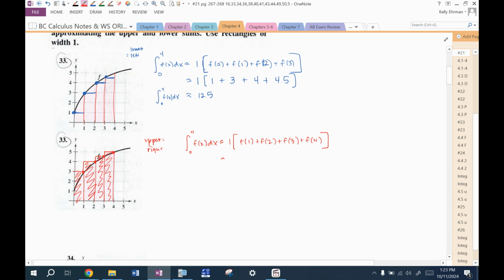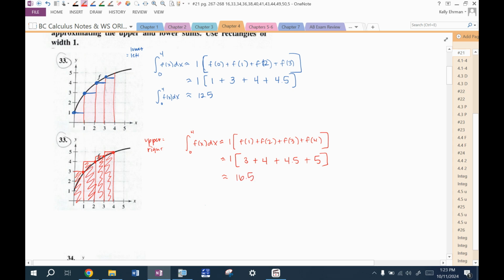That's 1 times f of 1 was 3, f of 2 is 4, f of 3 we said was about 4.5, and f of 4 looks like it's right at 5. So our upper sum is 7 plus 9.5, so that's 16.5.